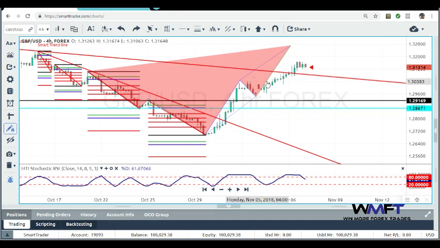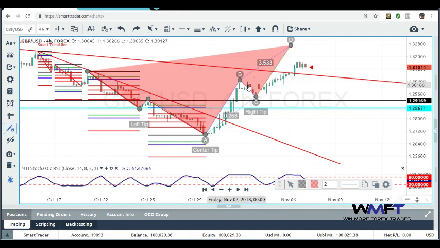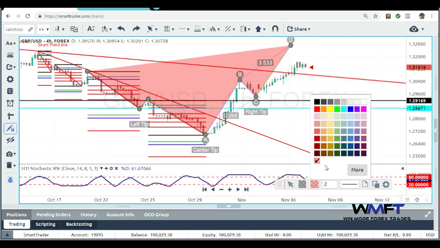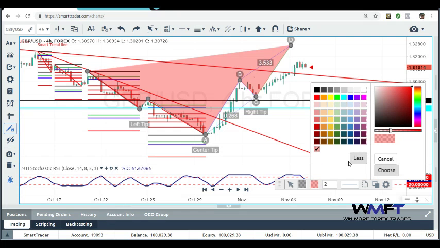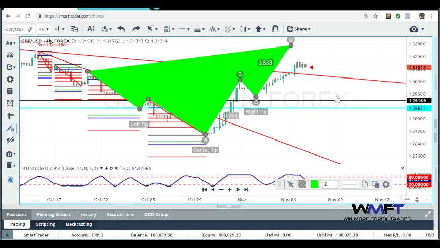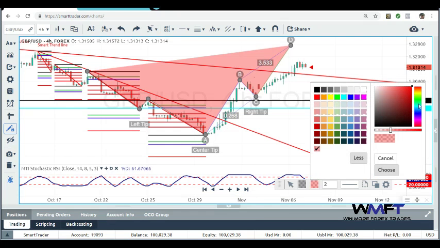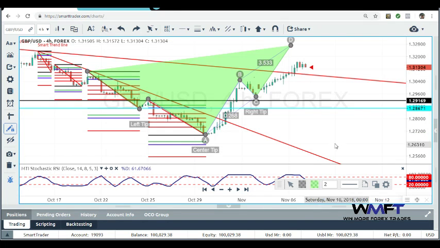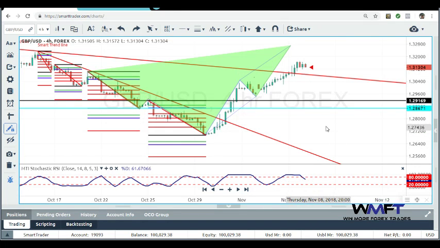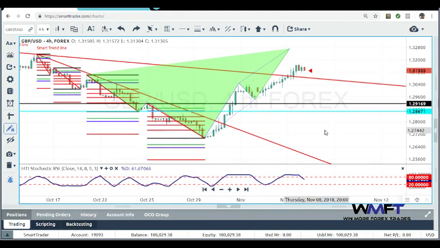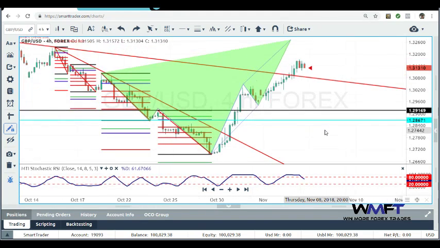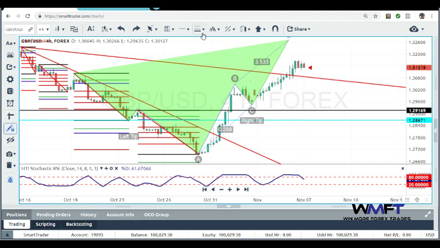Let's reset to see how. I would like to change the color of that to green, because that is indicating that this is a bear crown, and we will look to buy this crown.